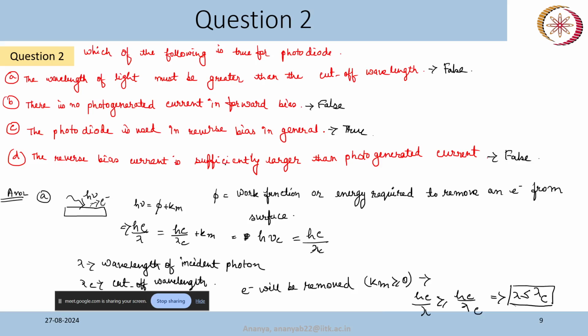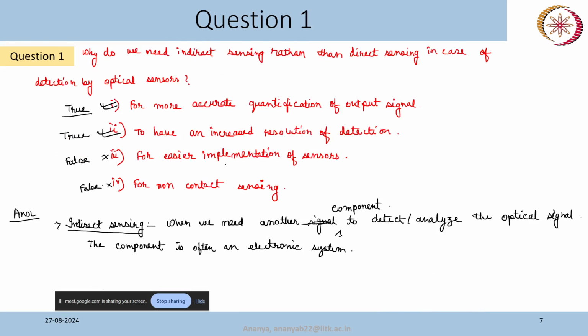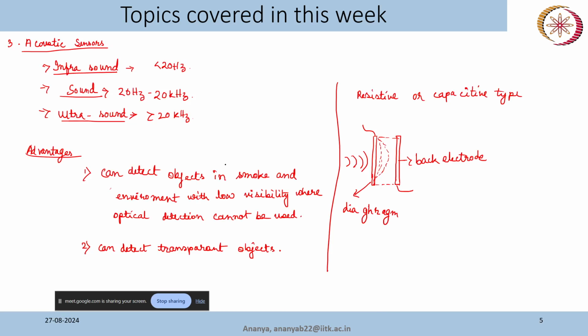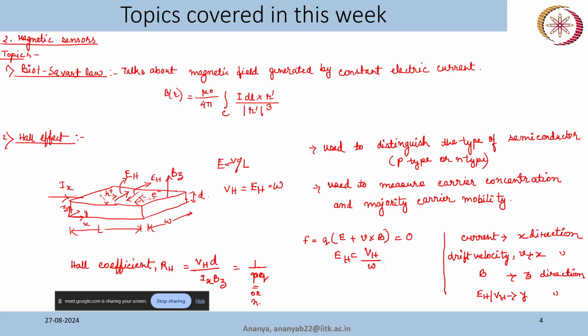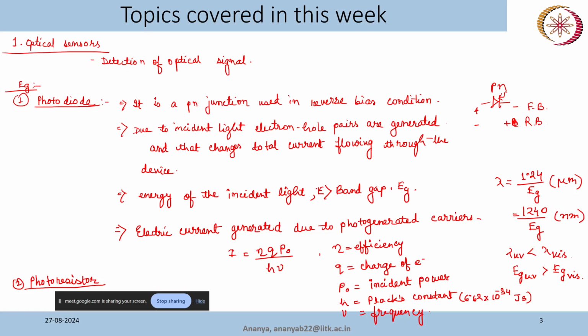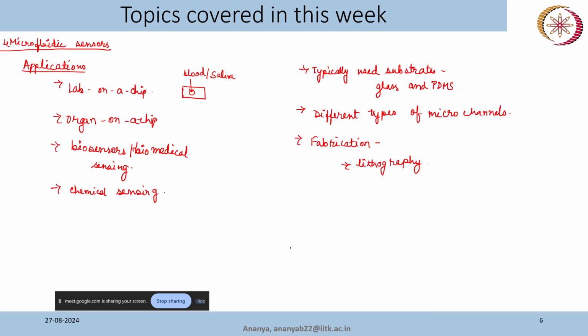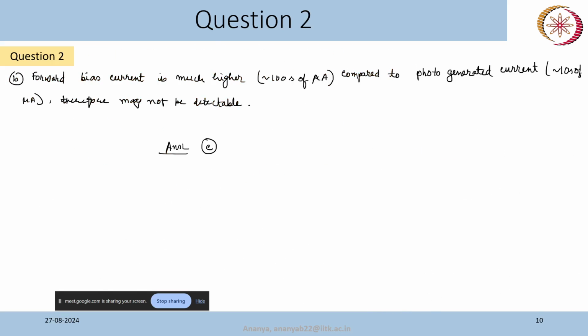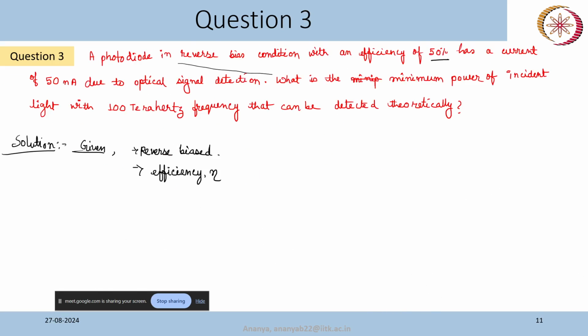So what expression that we are going to use I have already discussed. So we are going to use this expression. I am using similar notations here. Efficiency eta is equal to 50%. That means it is 0.5.